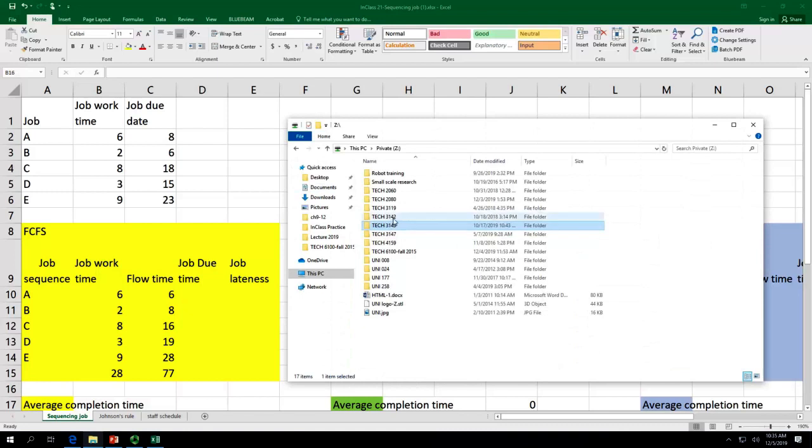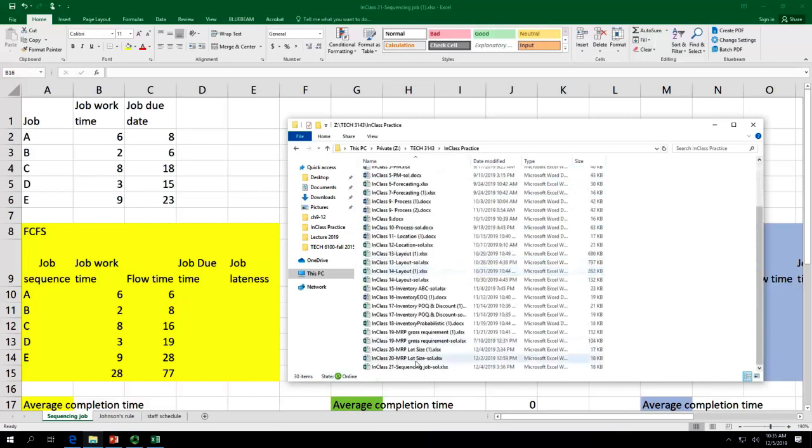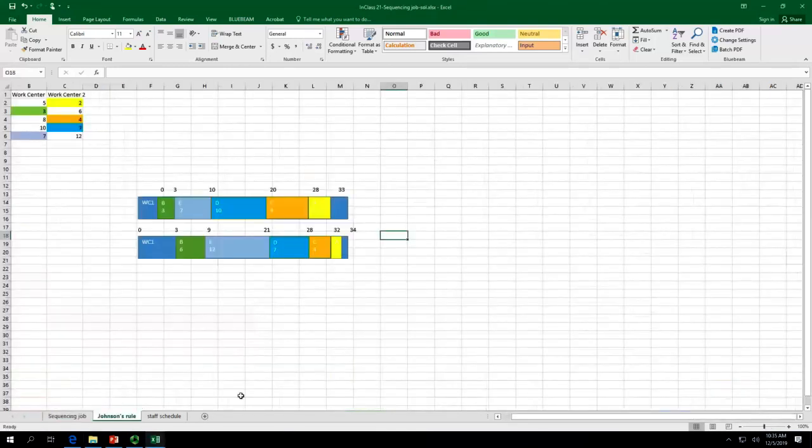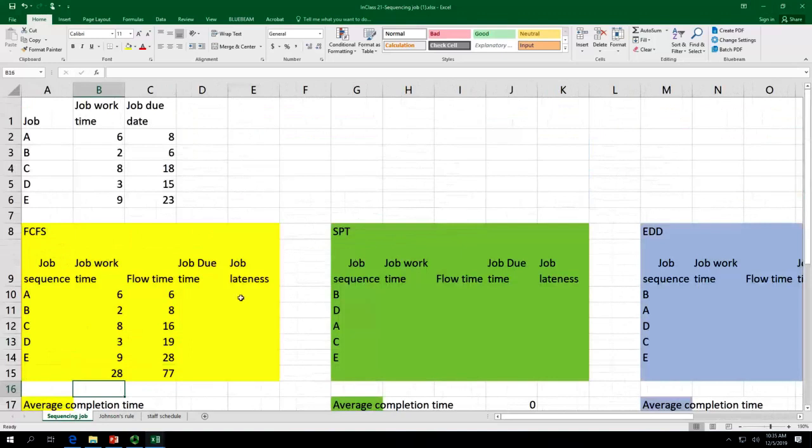Then we need to consider what is the late time, okay? For A, obviously there is no late time, because late time is job due time of 8.